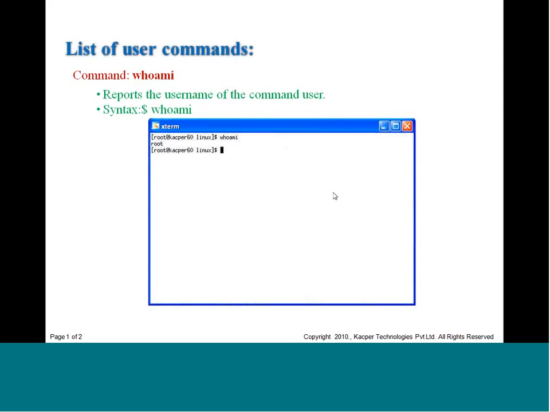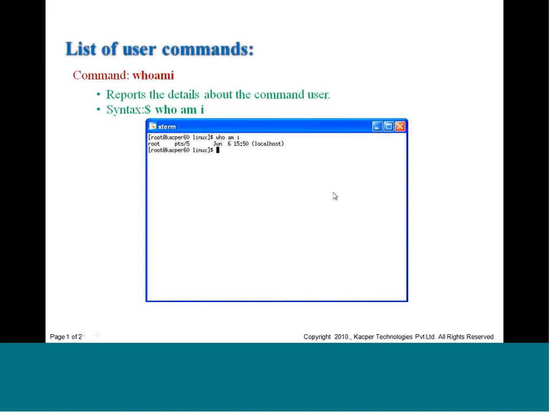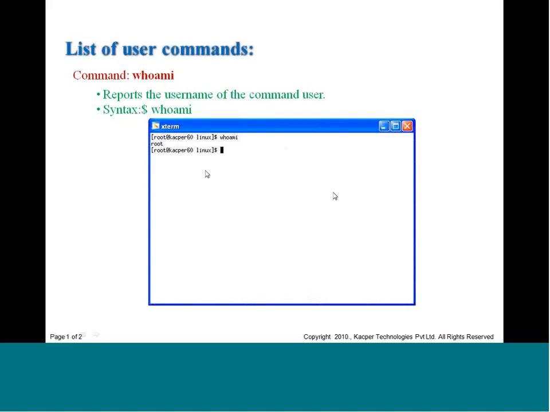There are two variations here. One is who space am space I, and that gives you more details. And if you type in just whoami in one word, then that gives you just your username. It doesn't give you a lot more details than that.